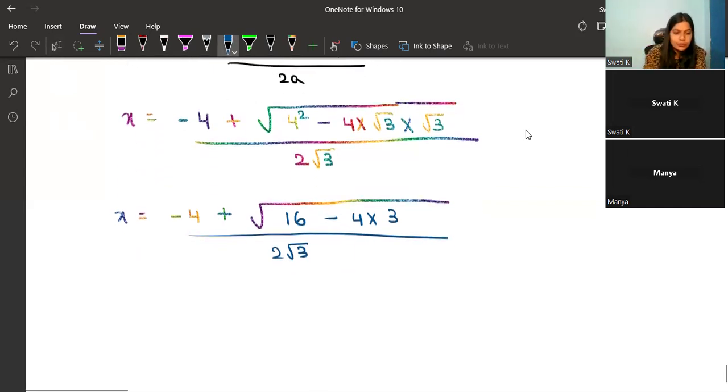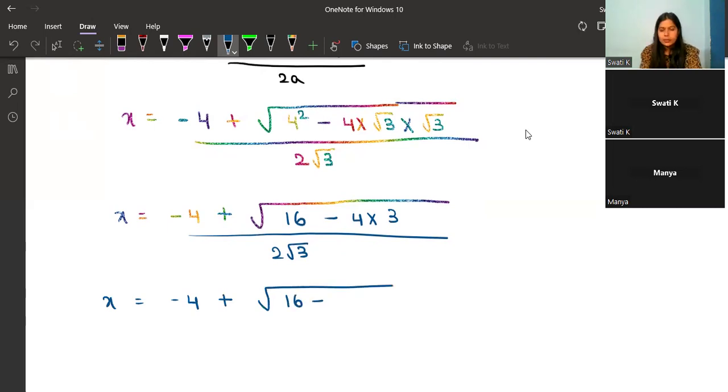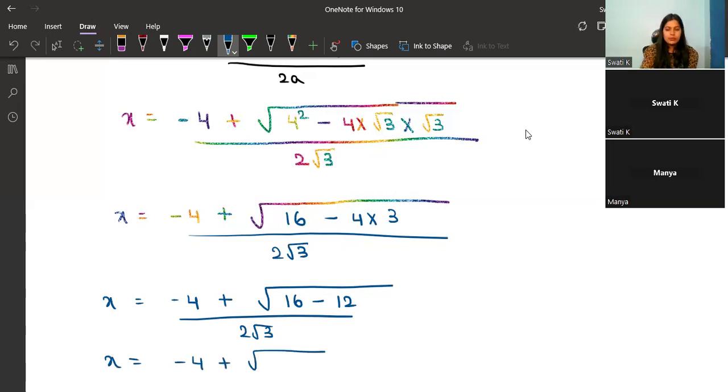x will be equal to minus 4 plus, same thing, root over 16 minus, what is 4 into 3? 12. 12 upon 2 root 3. Let's go to the next step. x will be equal to minus 4 plus, what is 16 minus 12?